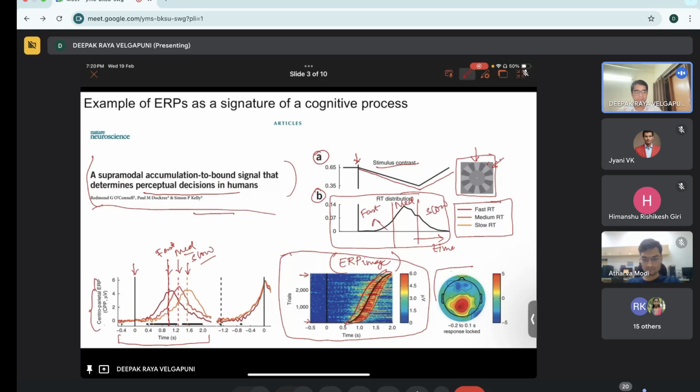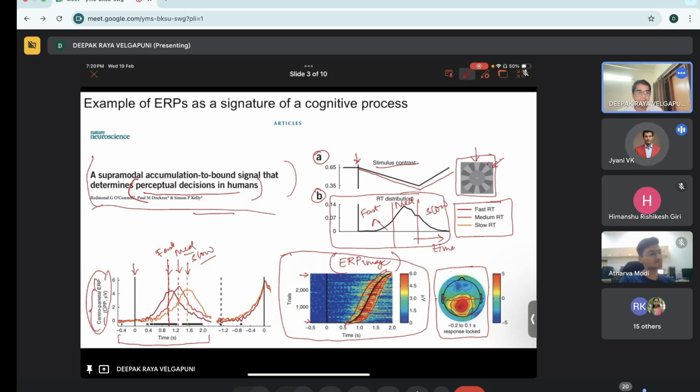Most comes from this centroparietal region. This is the occipitoparietal region, the lower half, and in that you see the parietal region giving the highest response. So for this kind of perceptual decision process, this centroparietal ERP is a signature for perceptual decision making, because it varies with one of the task parameters, that is the decision time.